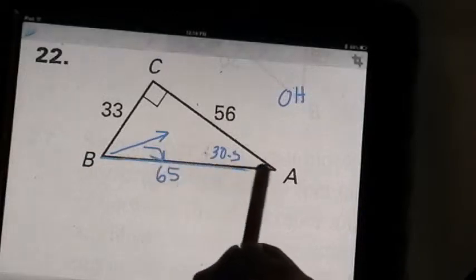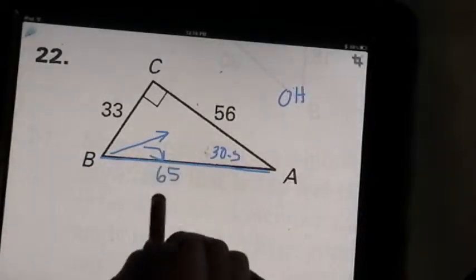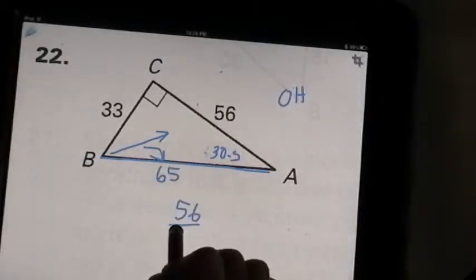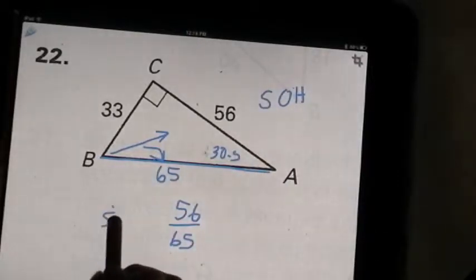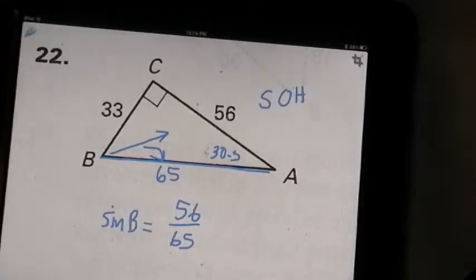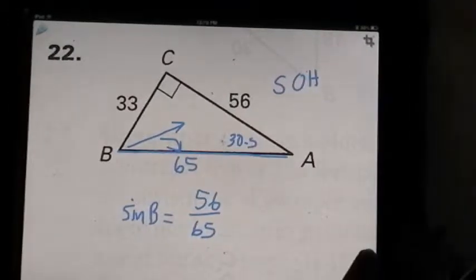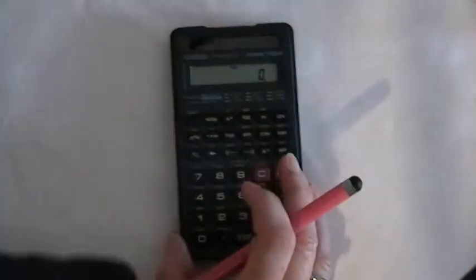That's the hypotenuse of the right triangle. So opposite is 56 over 65, so sine B equals 56 over 65. All right, now this time I'm going to do the calculations on a Casio calculator. And you kind of do everything backwards on a Casio, so we're going to start over on the right-hand side of the equation. Let me see if I can show both at the same time. I cannot even come close.